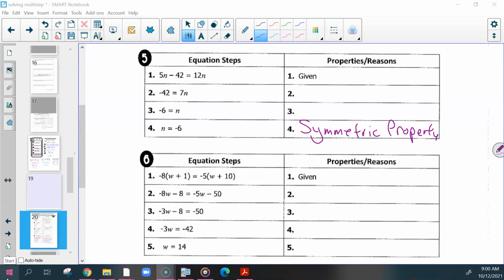So for number 5, from step 1 to step 2, they subtracted. And then divided.